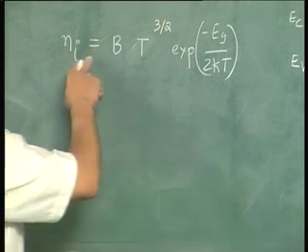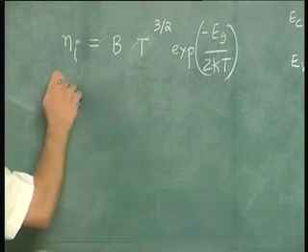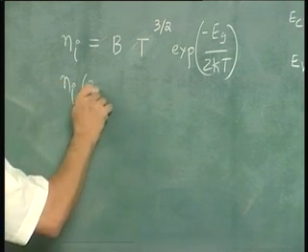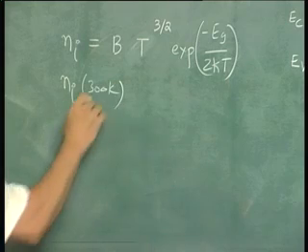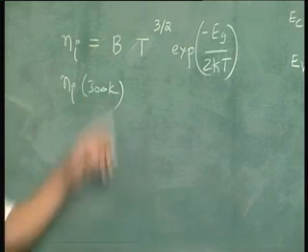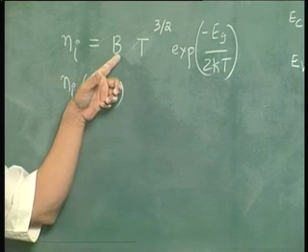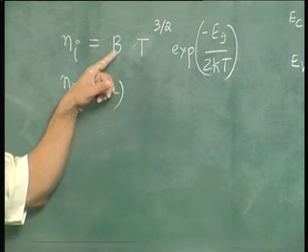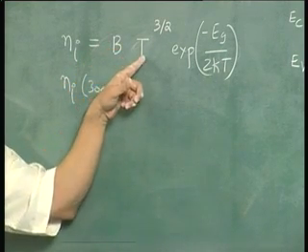Now you know the value at 300K. So you know Ni at 300K. Use this value to get the constant B, which is independent of temperature, and then use that constant, and you can find out Ni at any other temperature.